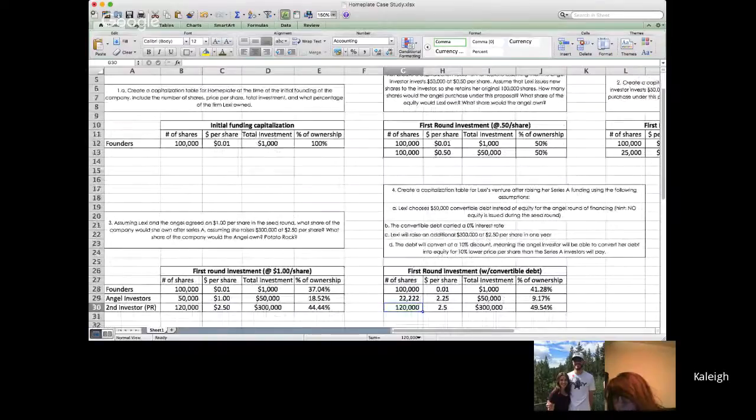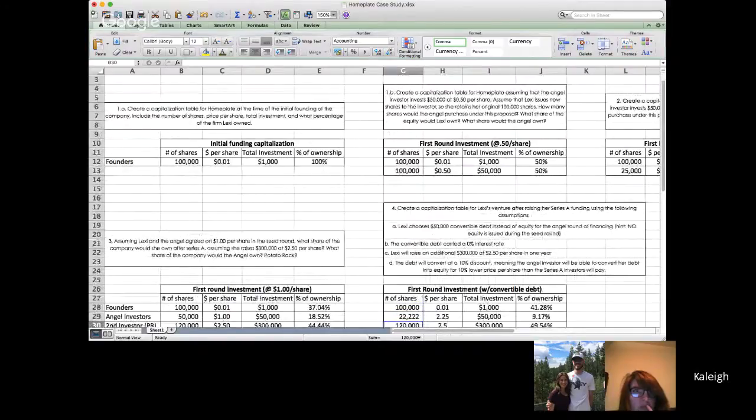So look, number 1 says create a chart or a table for home plate at the time of the initial founding of the company, include shares, price per share, investment, and the percentage she owned. So it said in the article she had invested 1,000, and she had 100,000 shares.